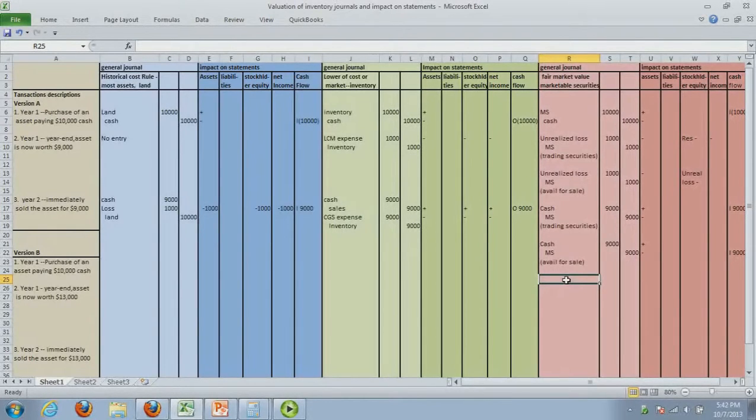So if we make the sale, we really need to get rid of the unrealized loss. So I'm going to put an actual loss of 1,000, and then cancel out the unrealized loss, which is under stockholders' equity, just sits there until you sell the security, and deal with that. So that's going to cause assets to decrease by 1,000, stockholders' equity to decrease by 1,000.